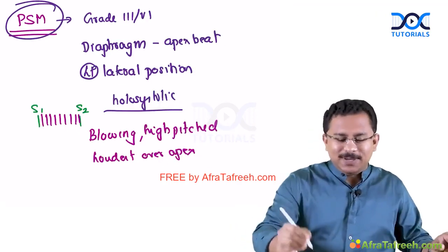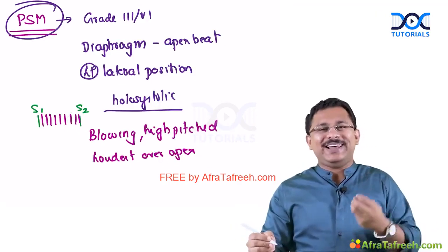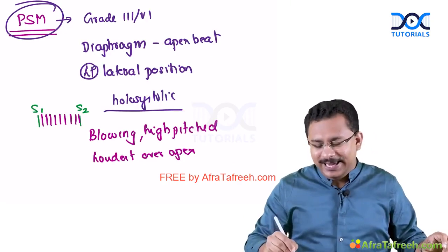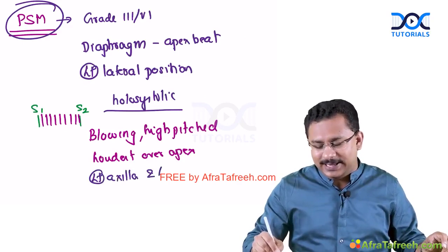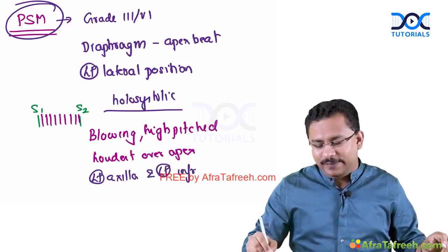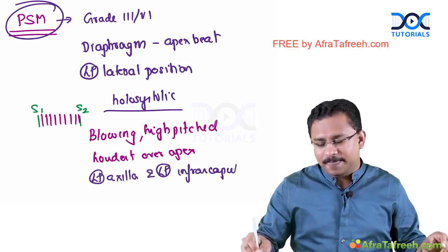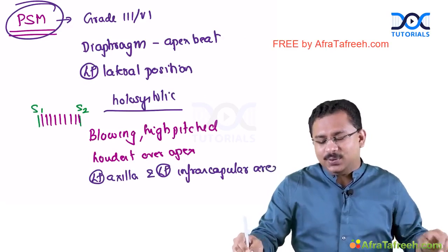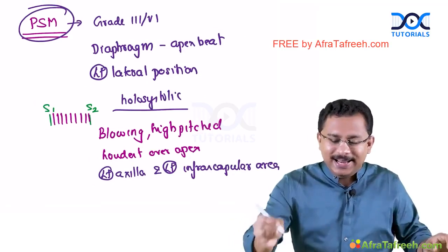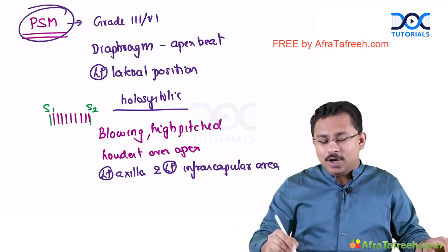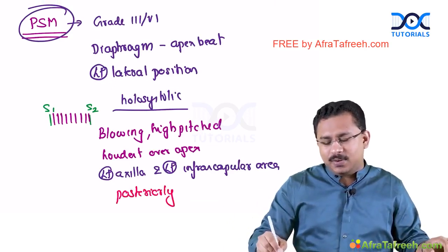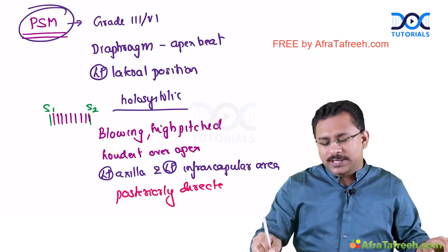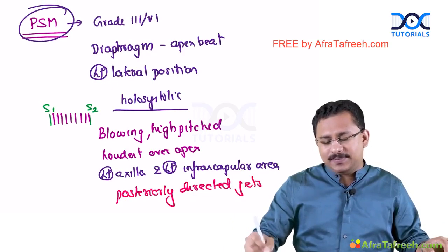And in this murmur, there is a frequent radiation to the left axilla and left infrascapular area. Such a radiation to the left axilla and left infrascapular area is more with posteriorly directed jets.